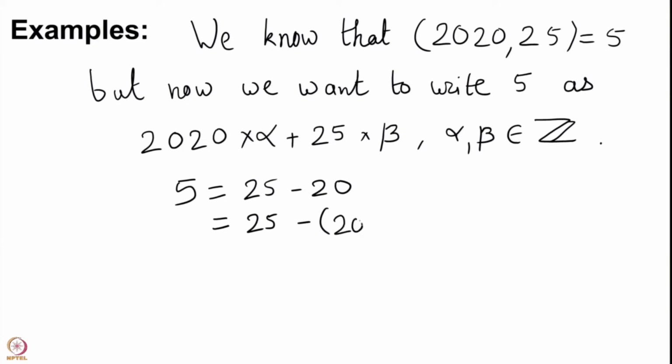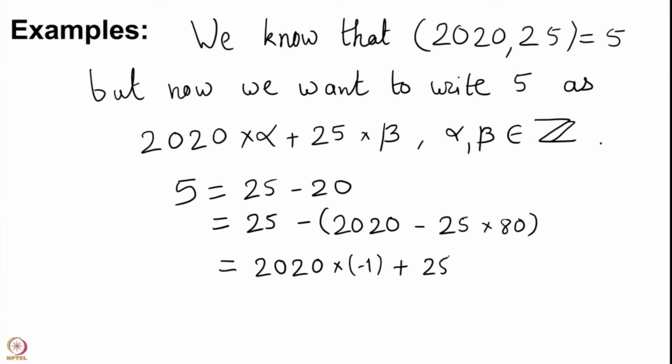We got it as 2020 minus 25 into 80, that is it. So, we ultimately get this as 2020 into minus 1 plus 25 into 81, because here you have 80 which comes with two negative signs. So, that gives you 80, and then of course you have to add 1, you are not going to subtract 1. So, it will be 81.